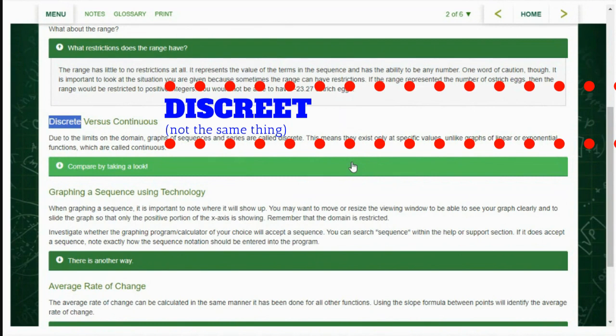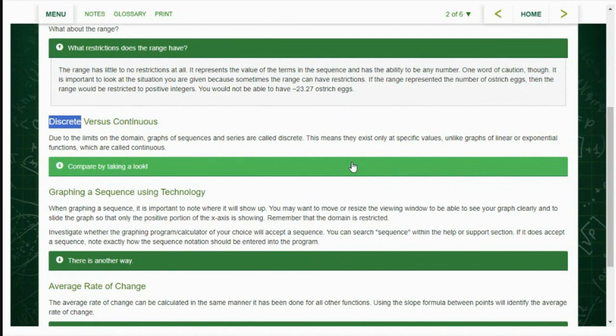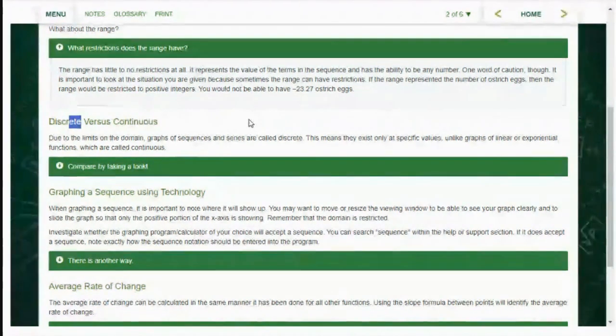No, this is D-I-S-C-R-E-T-E, spelled a little different, and this is a math term, and it means that something only exists at certain values, like these sequences. If our sequence is 2, 4, 6, 8, 10, it's not continuous. It doesn't include 2.1 and 3 and 3.5 and 3.75. It only includes 2 and then jumps to 4 and then jumps to 6.